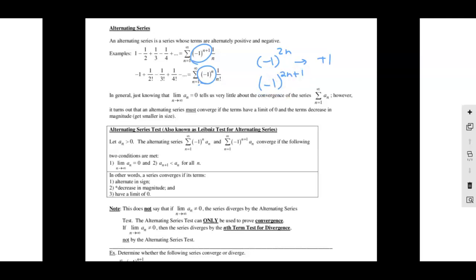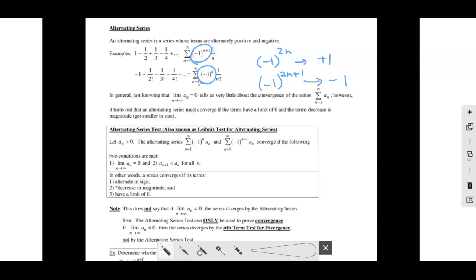Kind of similarly, if I had something like 2n+1, well, 2n is always going to give you an even number. And so if I take 2n+1, you know that exponent would always end up being an odd number. And if that exponent is always odd, your output will always be negative. It's not going to alternate between positives and negatives. It's going to always be the negative version.